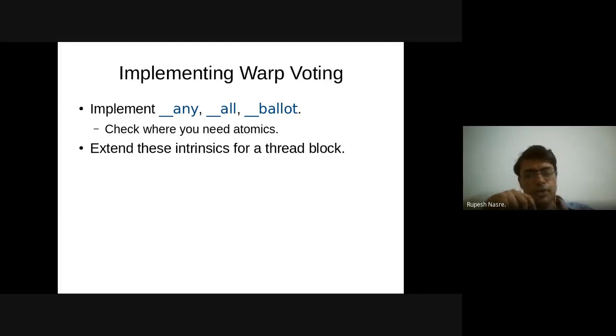Okay, so the idea is that these representatives from different warps are going to write to, or these conditions from different representatives are going to be evaluated not by the representatives but by one warp, right?